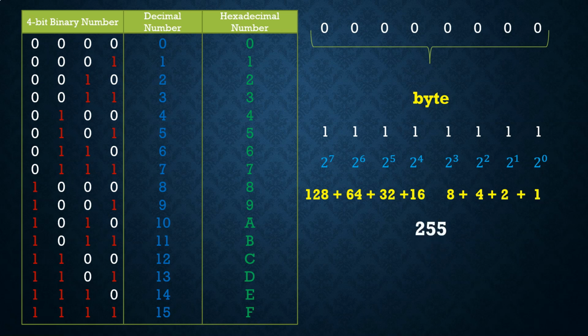The total is 255. And if we include 0, that means from 0 to 255, we get 256 possible values in 1 byte.